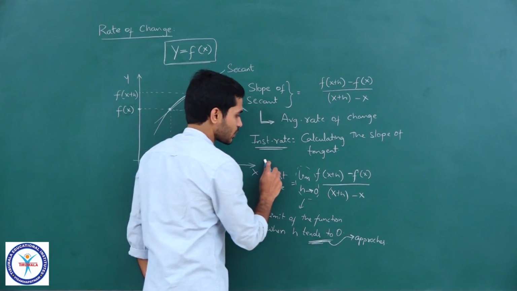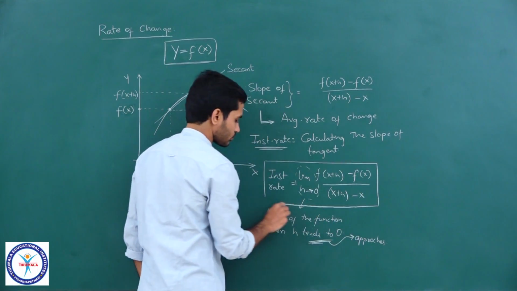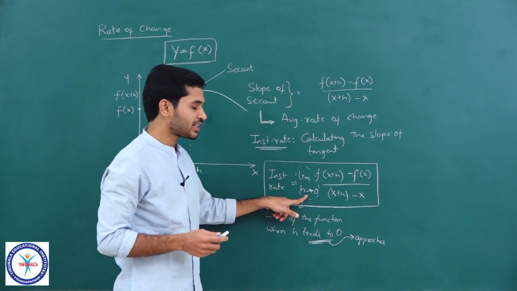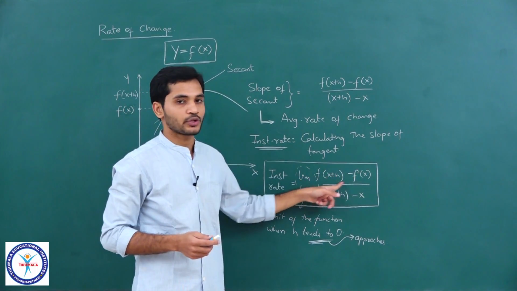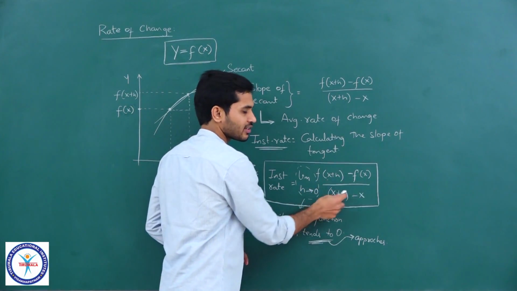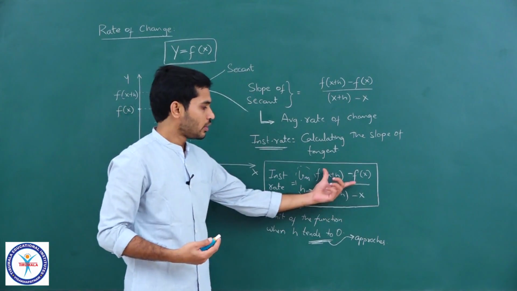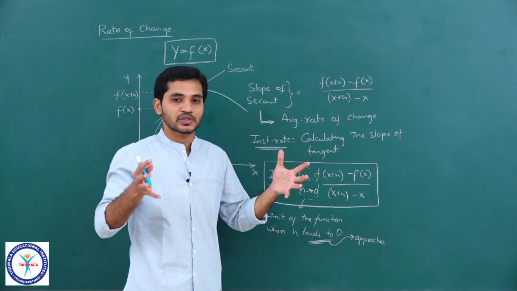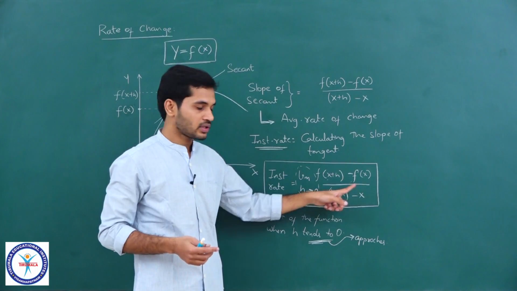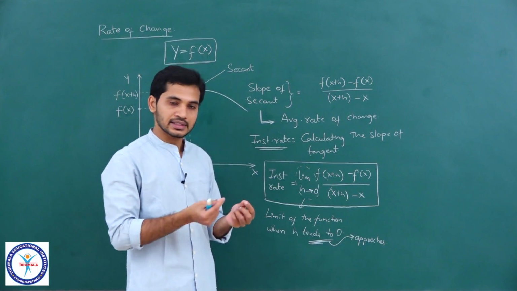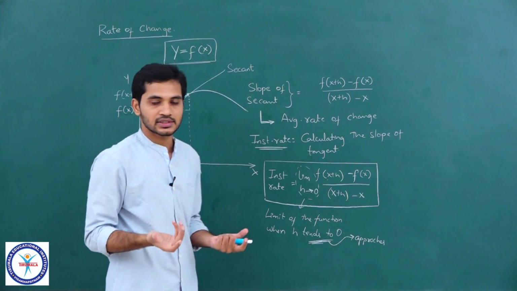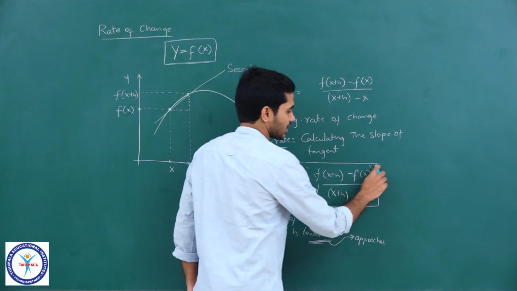So, this expression which I have written here, instantaneous rate, is limit h tends to 0 y2 minus y1 by x2 minus x1. Looking at this, it looks like a very big expression, but actually it is not. It is just y2 minus y1 by x2 minus x1, as the separation between those two is very small. That is it. Just understand it in that manner.